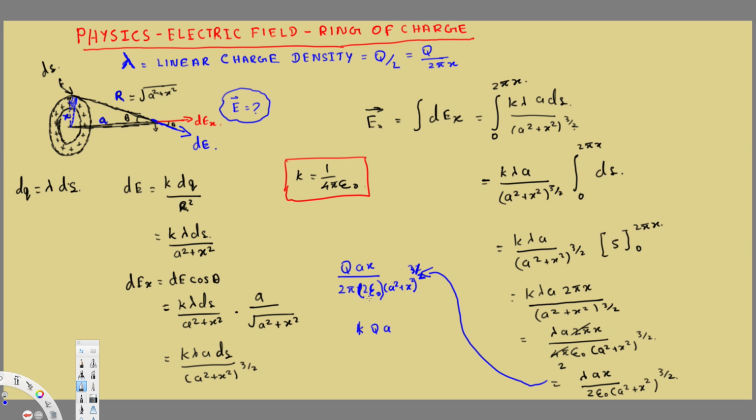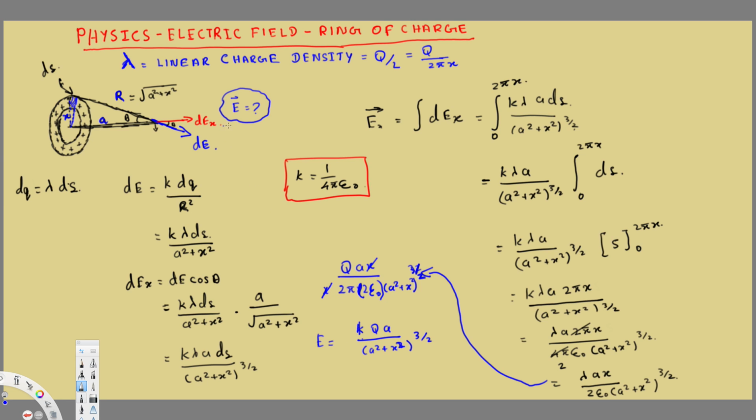Also we have an x here because q is equal to 2 pi x lambda, so this x cancels. So this is going to be k q a on top, and in the bottom we are going to have a square plus x square to the power 3 by 2. That is going to be our final E.